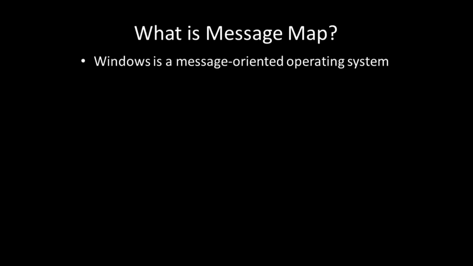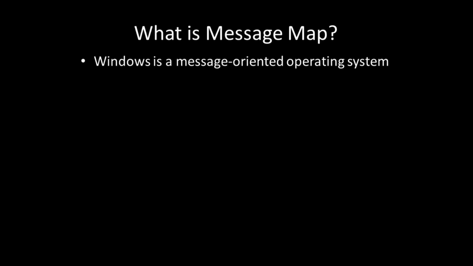Now, what is a message map? Why did it come into existence? First of all, Windows is a message-oriented operating system. If you study Windows specifically, it mainly works with the help of messages.